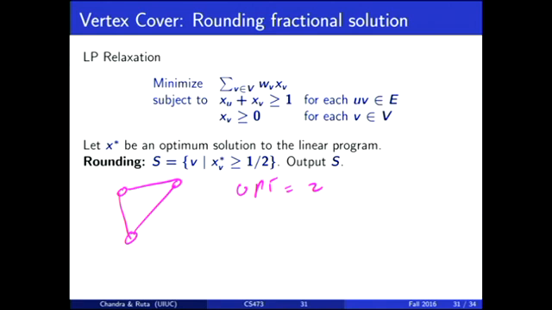What if I put, is that feasible? Yeah? But what is the value of it? So let me call this opt LP to distinguish it from the integer optimum. What is it?